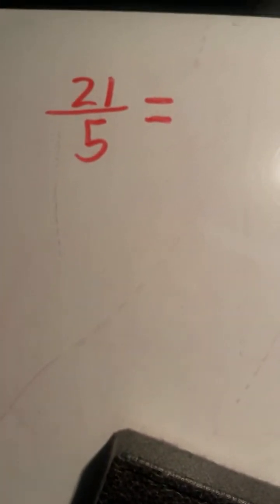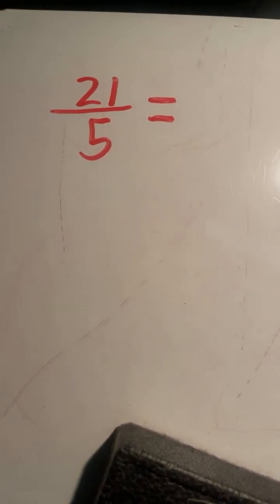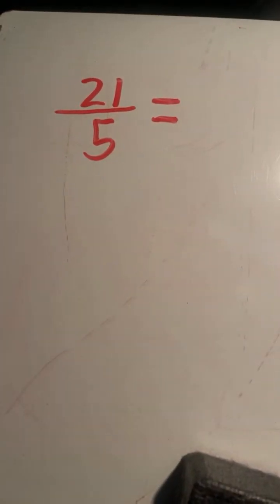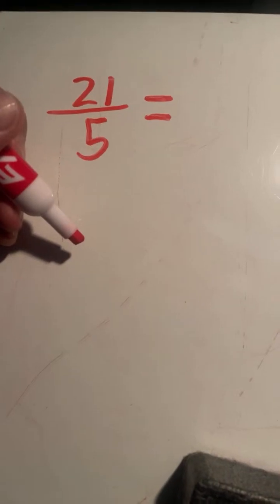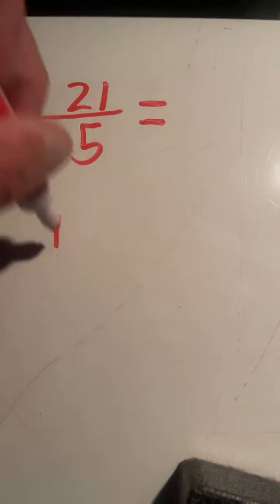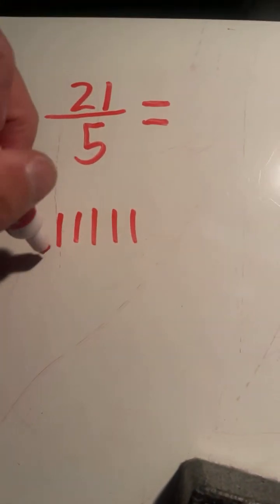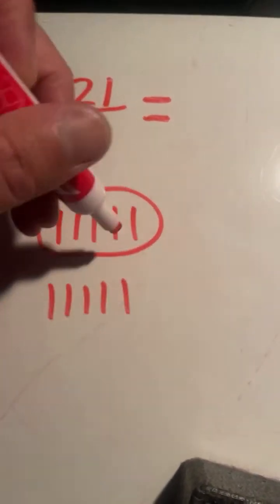I'll go back to the tally system for this. So to find my whole number, I got to figure out how many groups of 5 are within 21. So I'm going to make 21 total tallies. 1, 2, 3, 4, 5. That is one group of 5. 6, 7, 8, 9, 10.